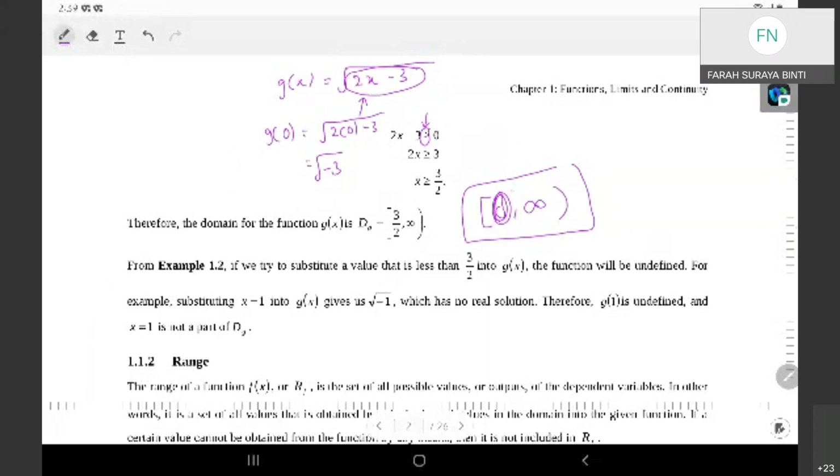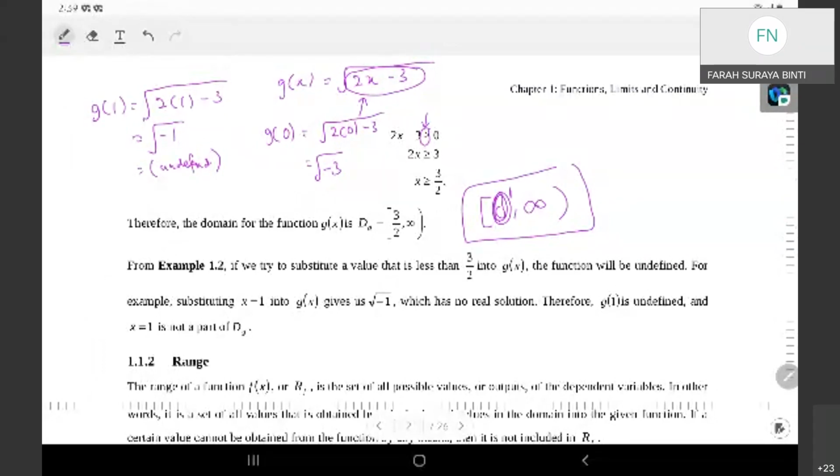Okay, cuba 1 pula. Masukkan 1 kat dalam function tu. 2 darab 1 tolak 3. So, akan jadi 2 tolak 3, negatif 1. Still kita dapat square root negative number. So, yang ni undefined. Kalau tekan calculator, square root negative 1 tak ada jawapan dia. So, sebab itulah 1 pun tak akan jadi dia punya domain.